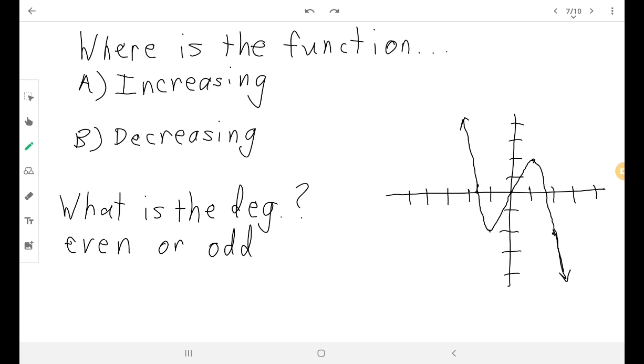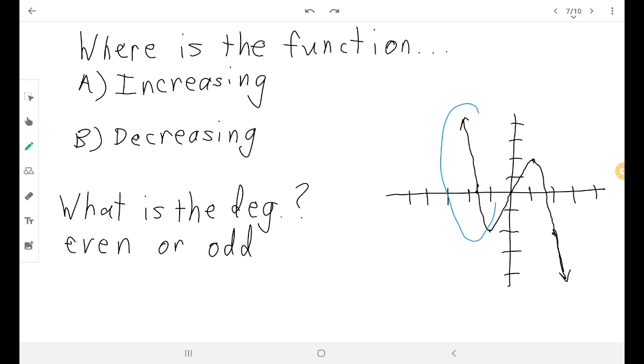So what that asks is, as we move from left to right, as we move in that direction, when is the function going up? Okay? And if you look, it's going up from there to there. And that's the only time it's going up, right?